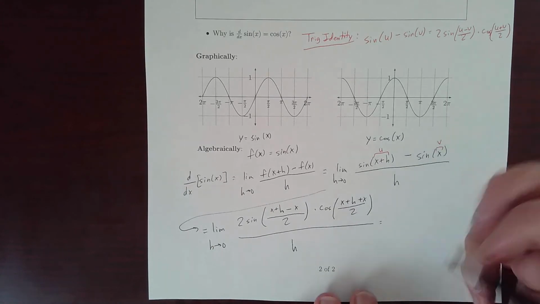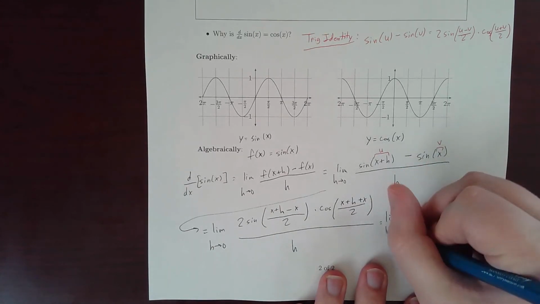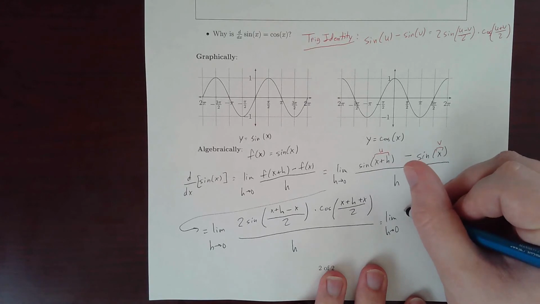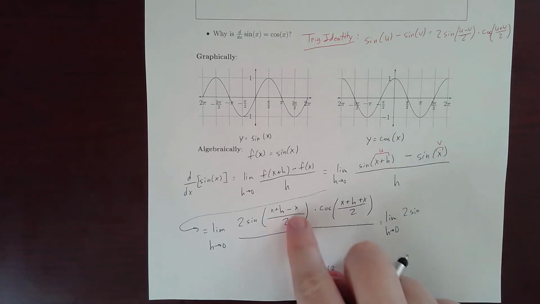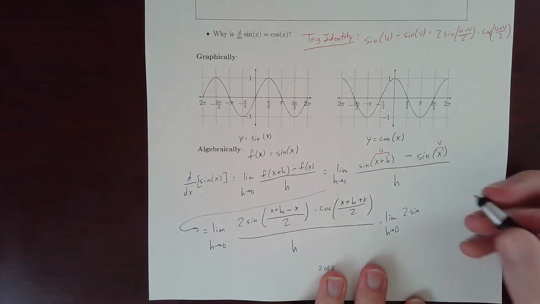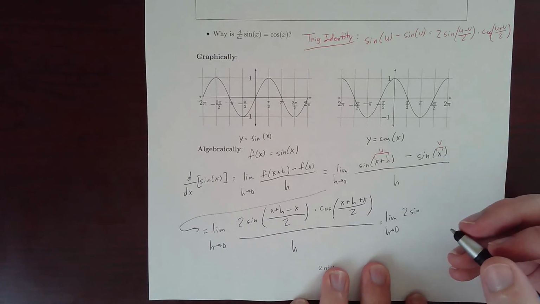And so now, if we simplify it, the limit as h approaches 0 of 2 sine, we take x minus x, we're just going to get 0, and so this will just end up being h over 2.